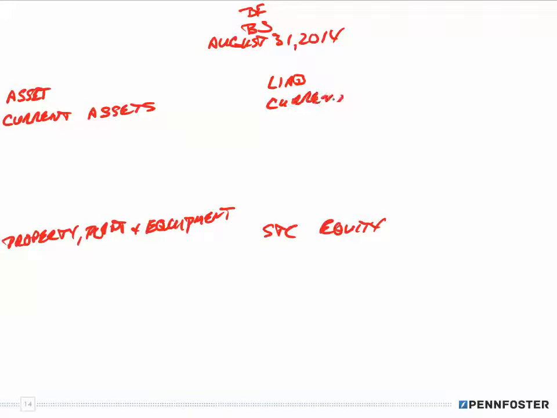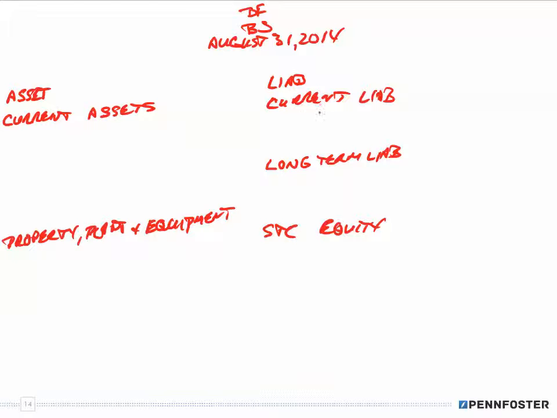We're going to have current liabilities, and on the liability side, you may have long-term liabilities, and they do call it long-term. They don't name it something else like the assets with property, plant, equipment. So you have current liabilities and you have long-term liabilities.